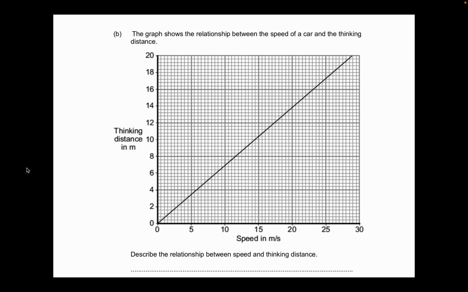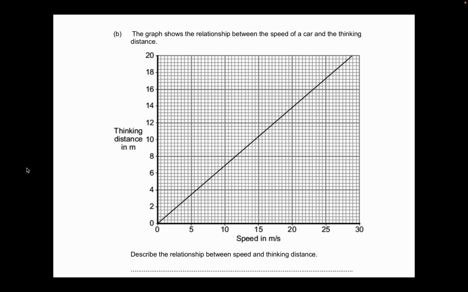Now the next question is, the graph shows the relationship between the speed of a car and the thinking distance. You can see that there's an x and y axis. On the x-axis, you can see the speed in meters per second. Remember the units. The units of speed is meters per second. And the thinking distance is on the y-axis, and the units of the thinking distance is meters.